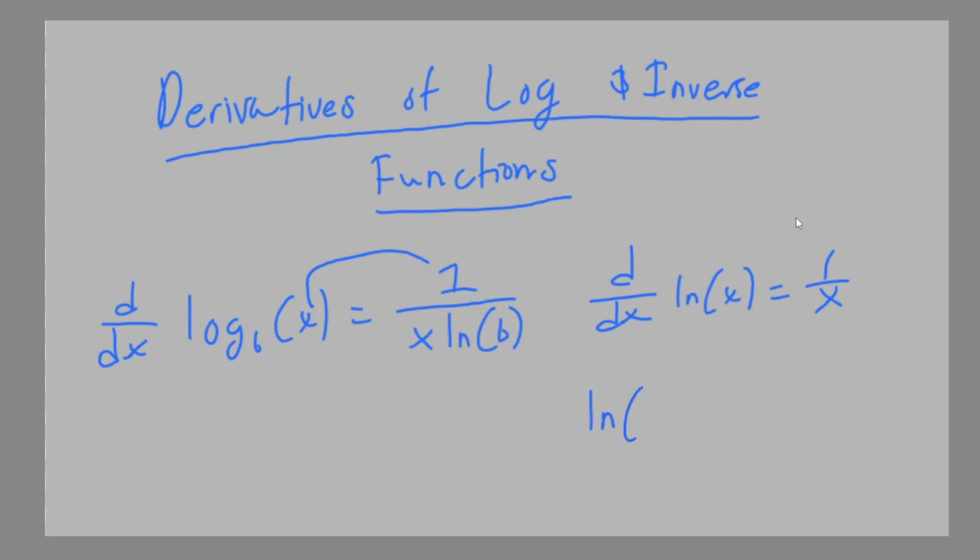So ln of, let's say, 5x squared would equal 1 over 5x squared multiplied by 10x, in which 10x could just go in the numerator. And if you simplify it, I'm pretty sure that's 2 over x. So that would be the derivative of ln 5x squared.